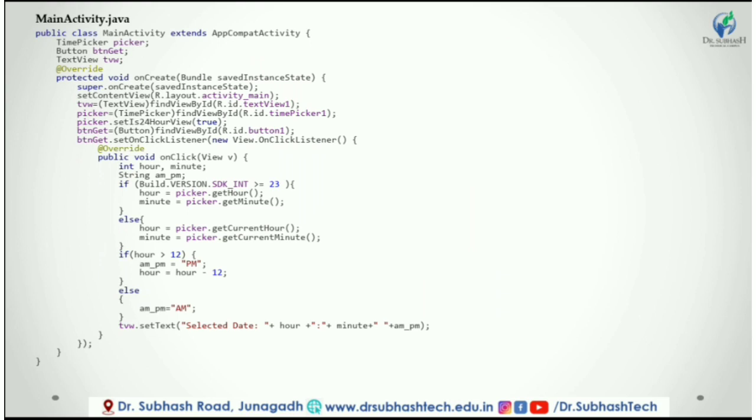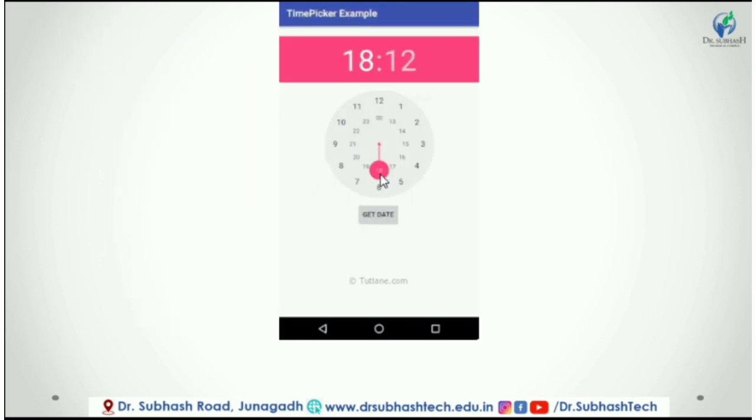So this is the simple example of time picker, and let's look at the output. First of all, we have to select the hour and minute. Then we have to click the button, and the text view displays the selected hour, minute and AM or PM.